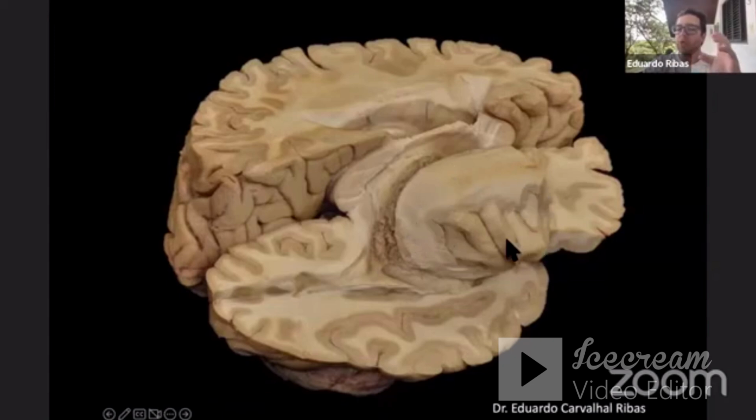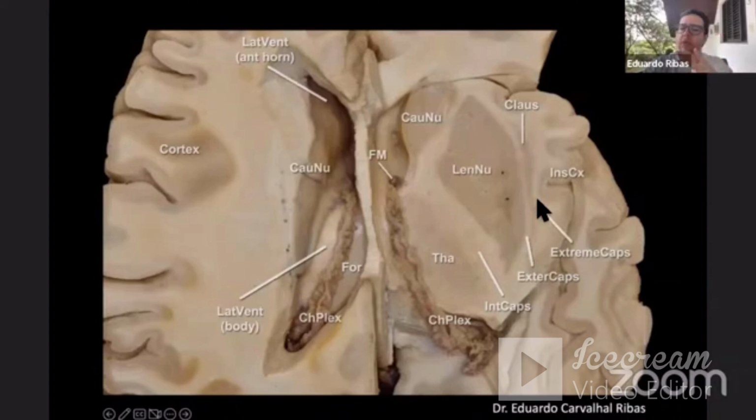One central core is just a block of structures. If we make a cut of these structures, we can see this block of alternating layers of gray matter and white matter. This is an axial cut of the central core.